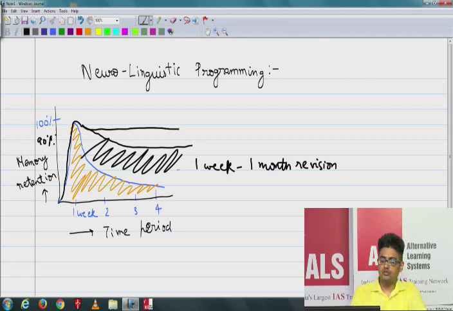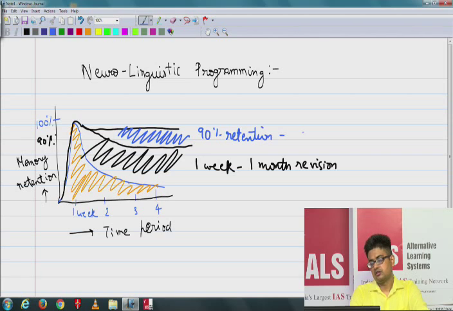And who is doing weekly revision, okay? He is also covering the revision that he did in the past week, okay? So these kinds of people are the toppers. These are the toppers, okay? 90% retention, weekly revision.